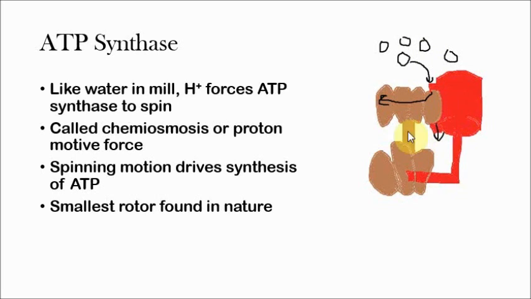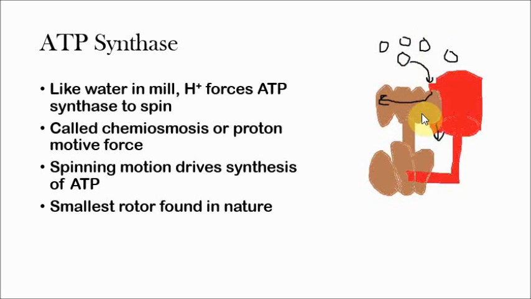But as they do so, it'll force this top part to spin. It'll do this kind of in a similar manner to water in a water mill. And like how a water mill will actually produce something usable, sometimes energy, sometimes other things, this will actually produce something usable, ATP.